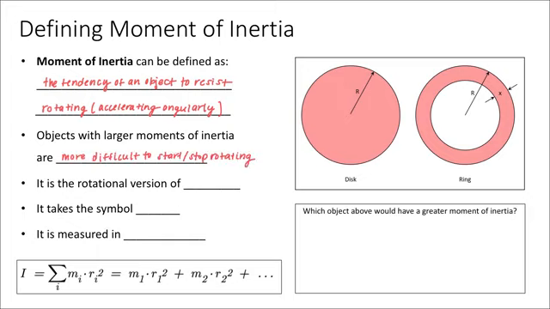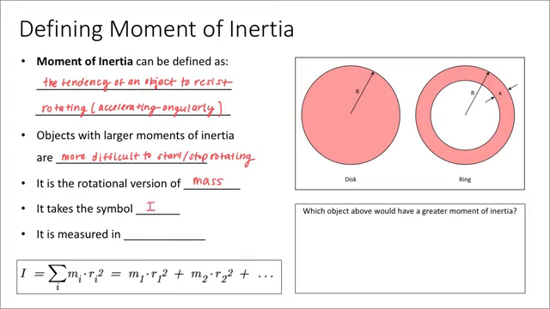So in this way, the moment of inertia of an object is just the rotational version of mass. And so instead of using mass when we're solving problems dealing with rotational motion, we're going to use this moment of inertia concept instead, because it helps us capture not just the mass, but also how that mass is arranged. It takes the symbol of a capital I. We'll come back to the units of measure in a moment.